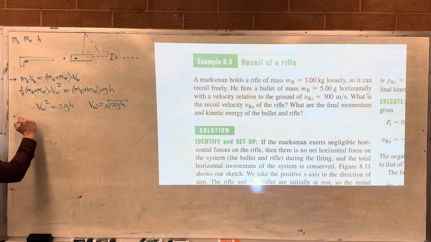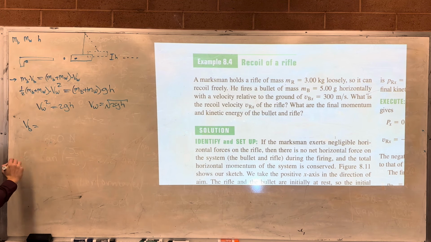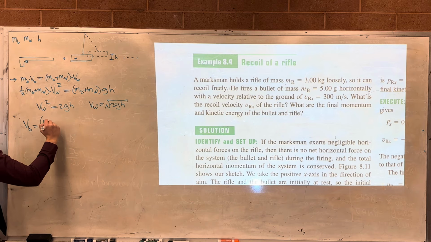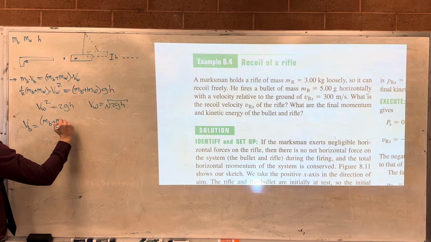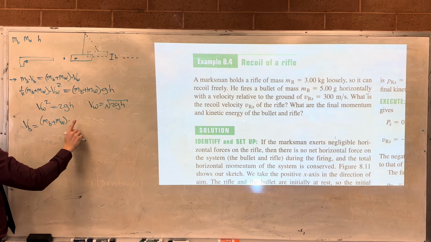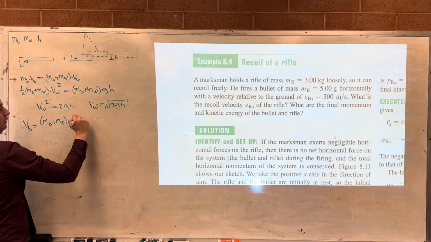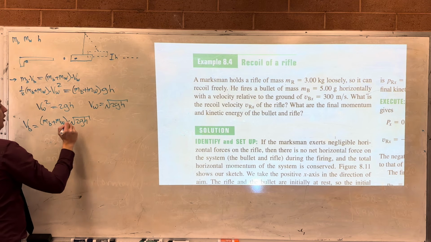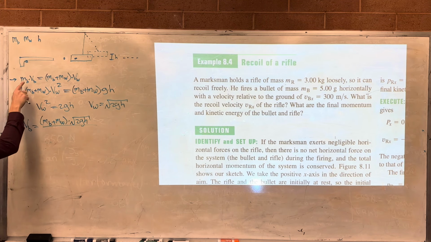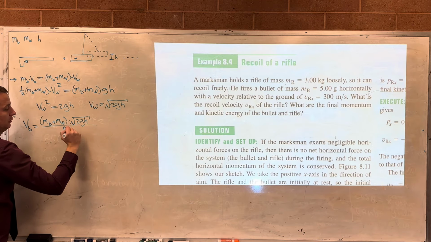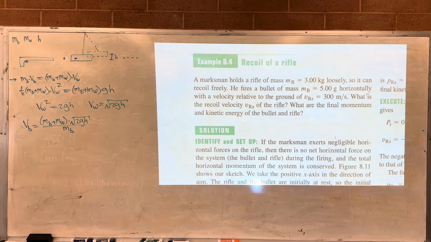So now the velocity of the bullet is equal to mb plus mw, the total mass, whatever that is, times the velocity of the wood, all divided by the mass of the bullet. Which is a really small number. Right, so we're going to get a really big velocity for our bullet, which makes sense. And so that's how they did it.